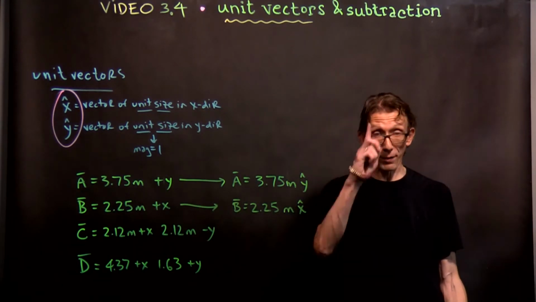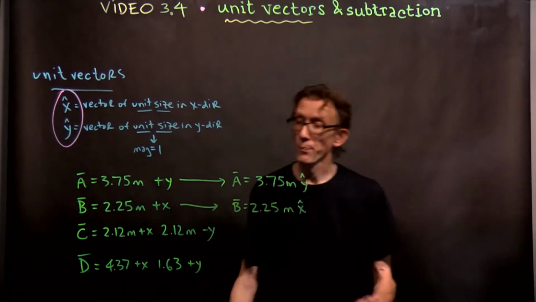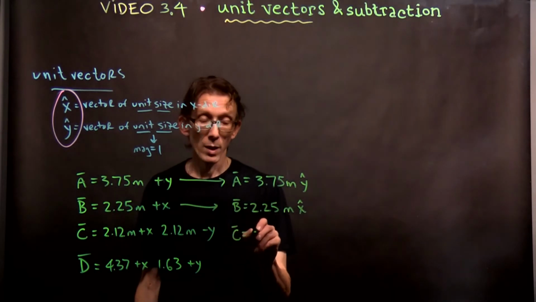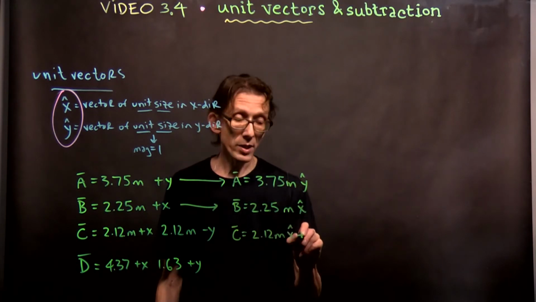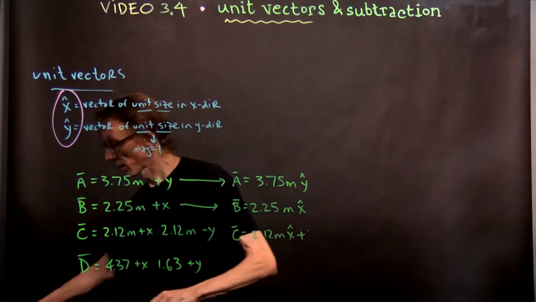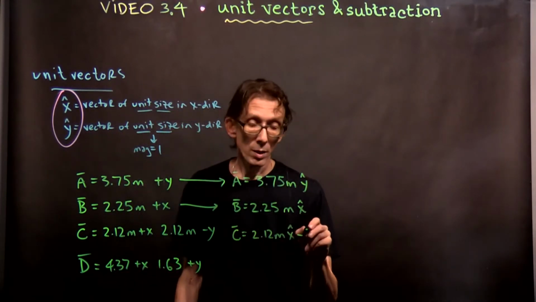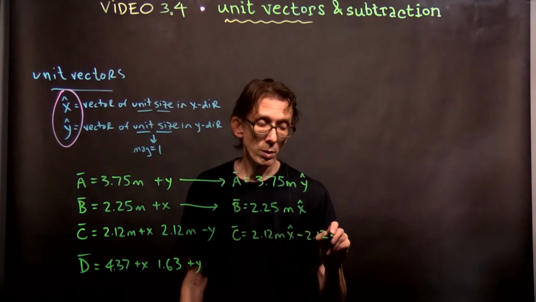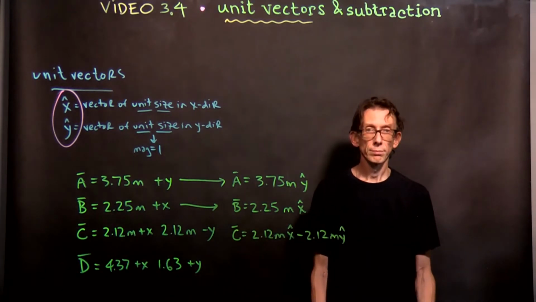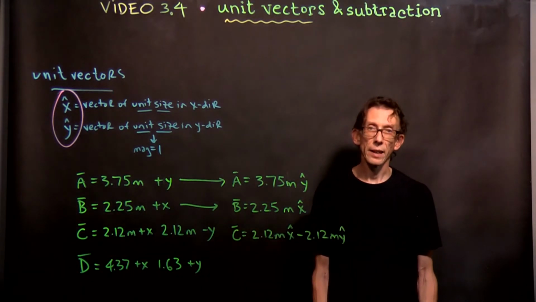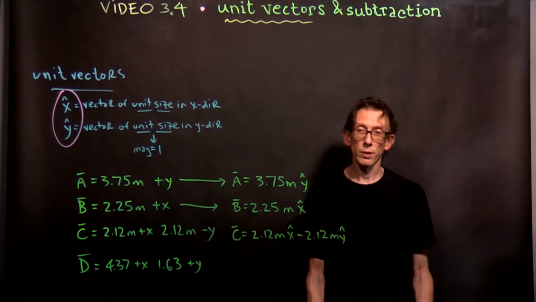But the real good stuff comes in when you have more complicated vectors like C and D that have components in both x and y. C now can be written 2.12 meters in the x direction plus, I'm sorry, minus, because it's minus y direction, minus 2.12 meters in the y hat direction. I did it again. I said y hat direction. I need to stop saying that. You don't say that. You just say y direction.